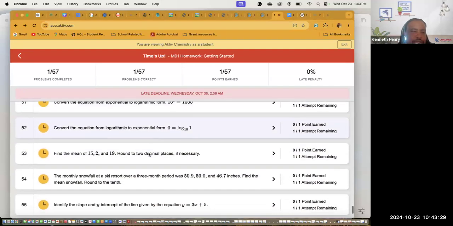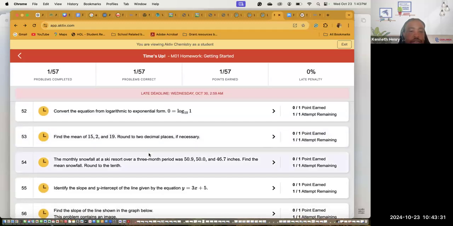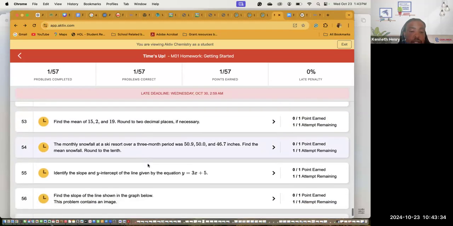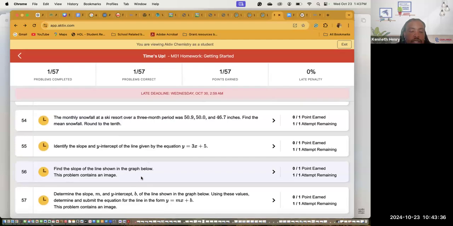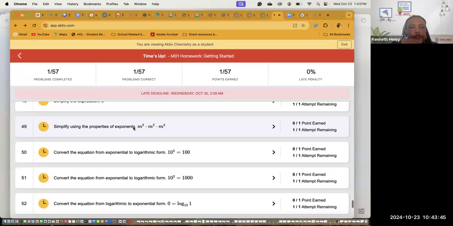And this is just to get you guys back in the practice of doing some of the math, because I know a lot of you haven't touched math in a while.